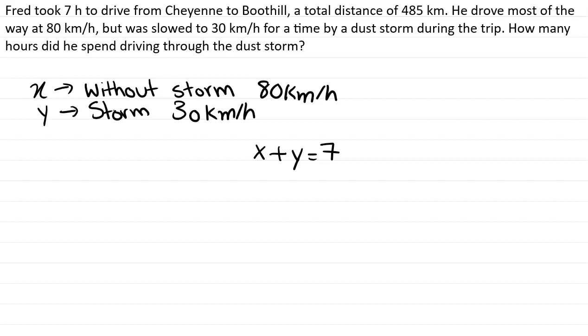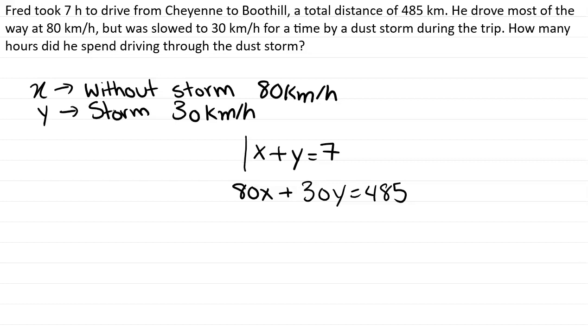So now we're going to put 80 and x together, which will give us 80x plus 30y is equal to 485.